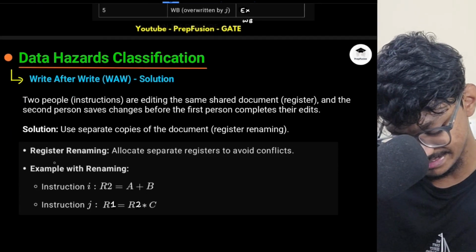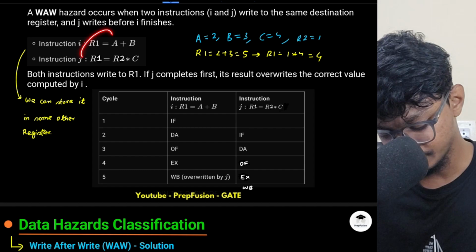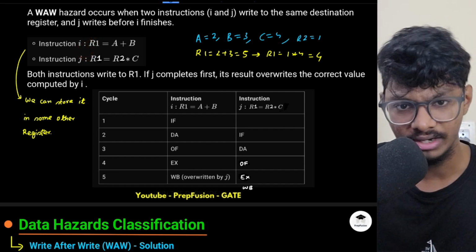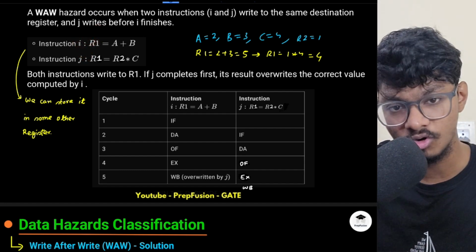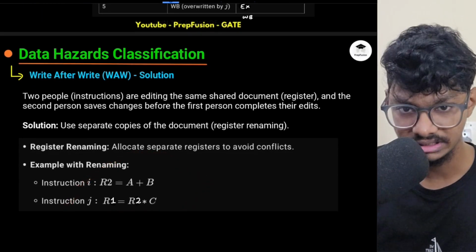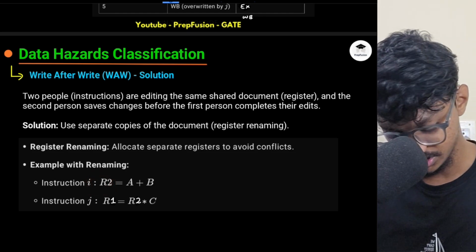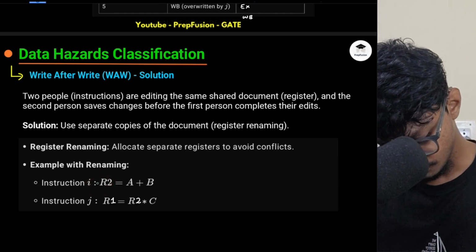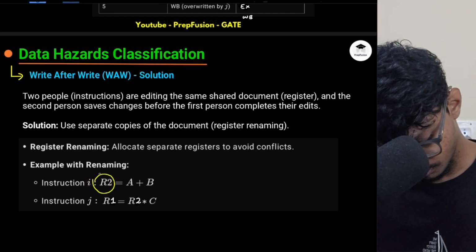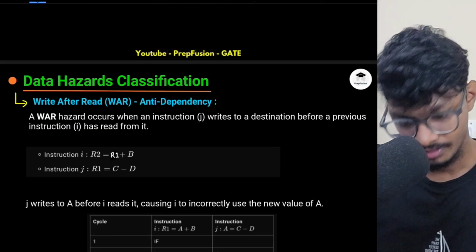So we do register renaming, allocating separate registers to avoid conflict. If I'm writing after write, I will allocate a separate register so that it doesn't override the previous value. That is just a simple solution. The compiler can do this type of solution. So this has been changed from R1 to R2. That is what we do.